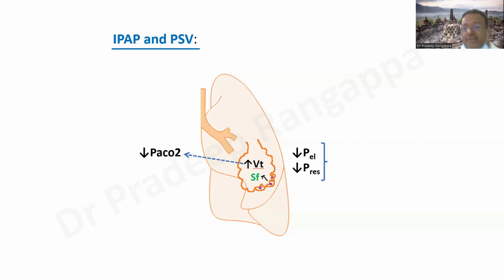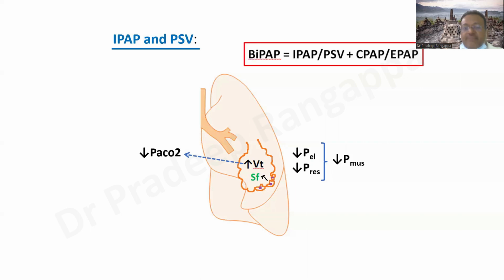By adding IPAP, it reduces the elastic pressure and the resistive pressure, increases the alveolar tidal volume, and reduces the carbon dioxide. All in all, it reduces the whole respiratory apparatus pressure and reduces the work of breathing. So this in principle is how NIV is beneficial in COPD.